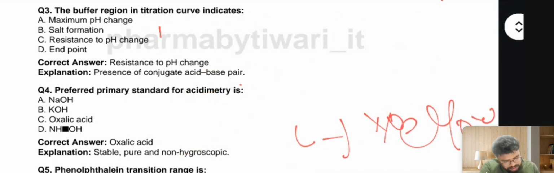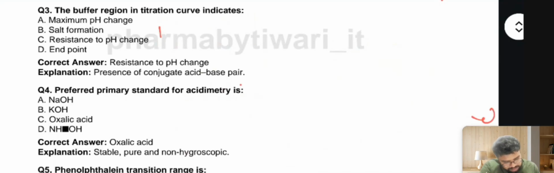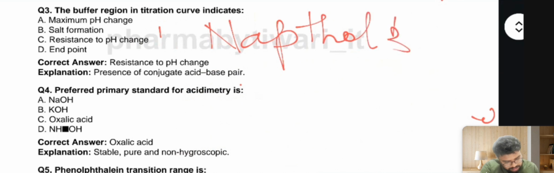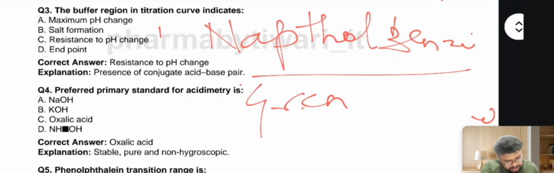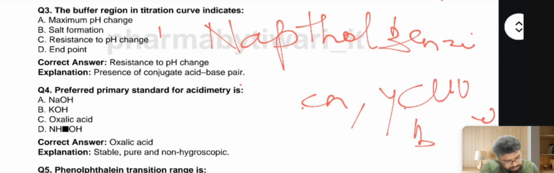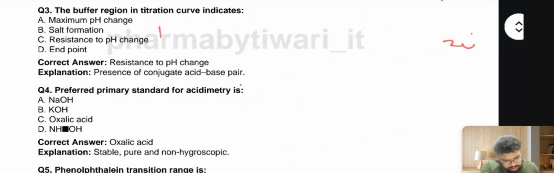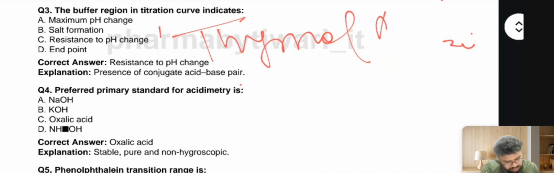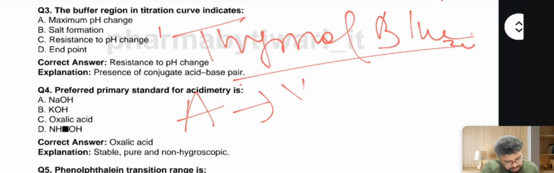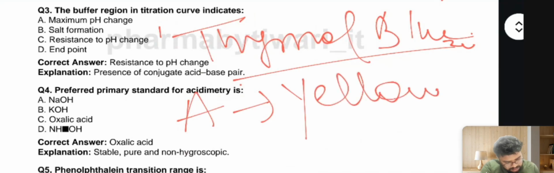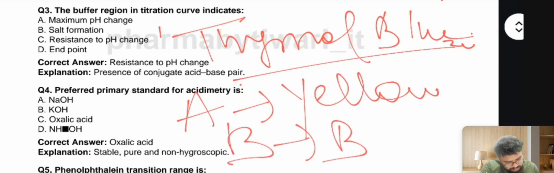And we see another indicator, naphthol benzene: green in acidic, yellow in basic. And the last one is thymol blue: in acidic, yellow; in basic, blue.